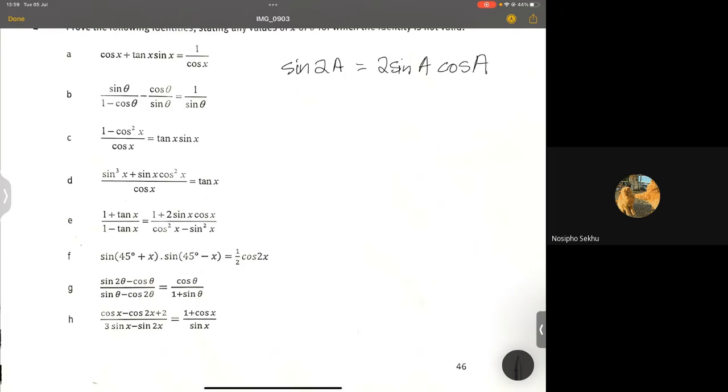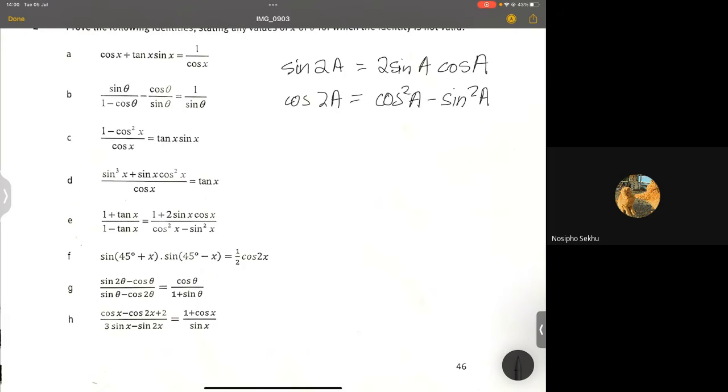Now, the double angle of sine is really simple and straightforward. It's cos of 2a that is not as straightforward. Cos of 2a gives me cos squared of a minus sine squared of a. Please, ladies and gents, be very careful on this one.